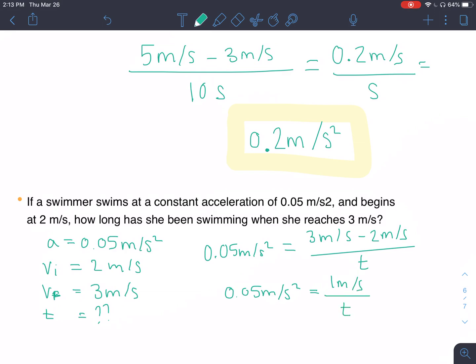Okay, and I like to solve these by cross multiplying, and since the other side does not have a denominator, it's an easy switch. So the time will end up being equal to 1 meter per second divided by 0.05 meters per second squared. Which simplifies to 20 seconds.